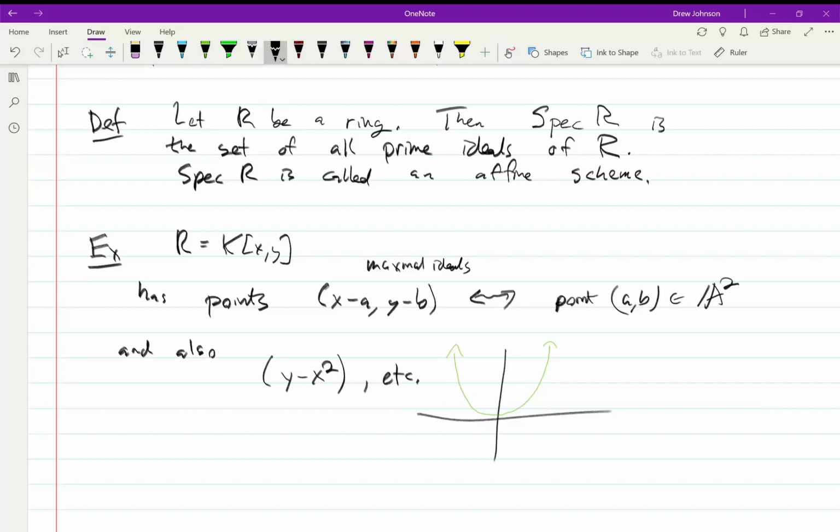The variety A2 corresponding to this ring just has these points corresponding to the maximal ideals, whereas the scheme also has, for every irreducible subvariety, an extra point. Every irreducible subvariety corresponds to a prime ideal, and the scheme has points for each of those. Okay, so we'll say more about that later.